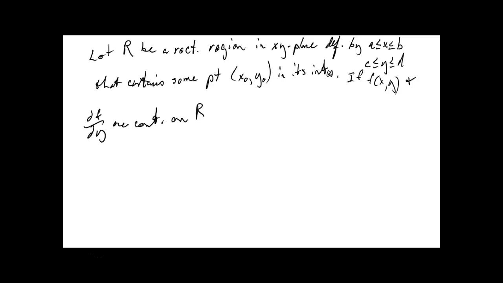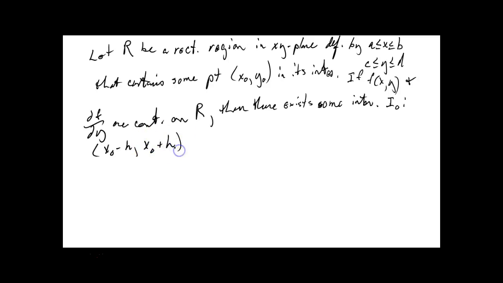then there exists some interval I0, and here's how we'll define that: x0 minus h and x0 plus h, where h is some small value greater than 0, also contained in (a, b).